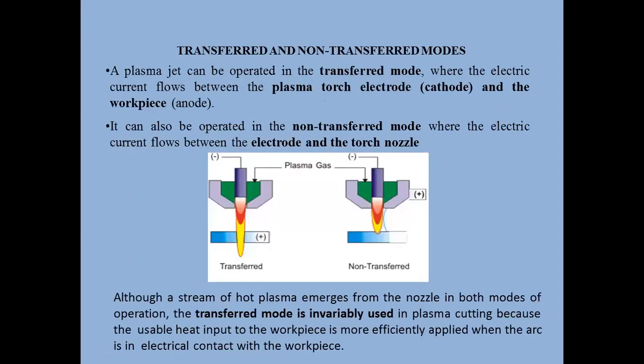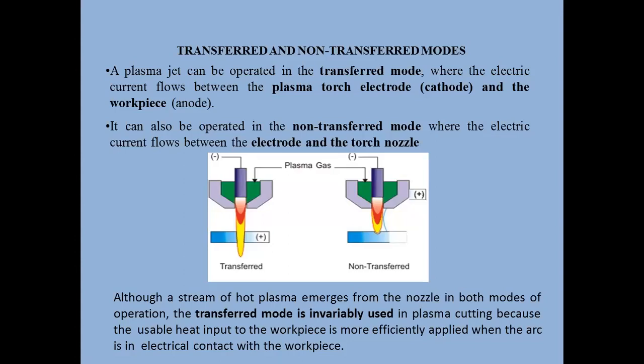Next, we have seen in the working principle the transfer of arc. That plasma jet is going to be transferred in 2 modes. One is transferred mode, and the other one is non-transferred mode. What is the difference between them?